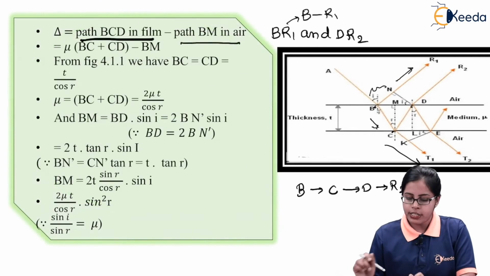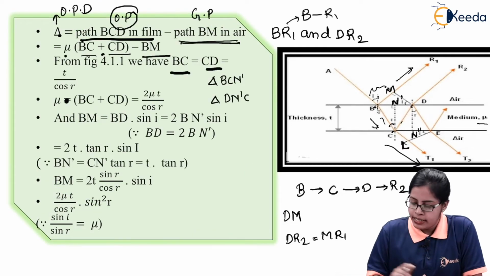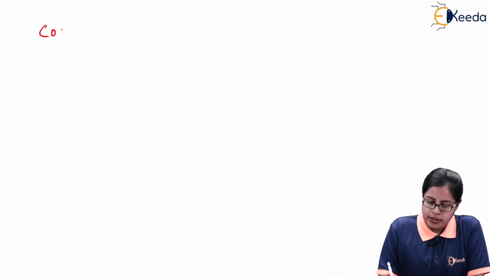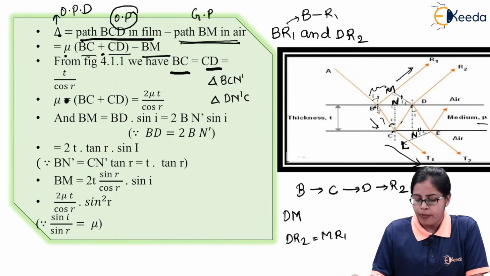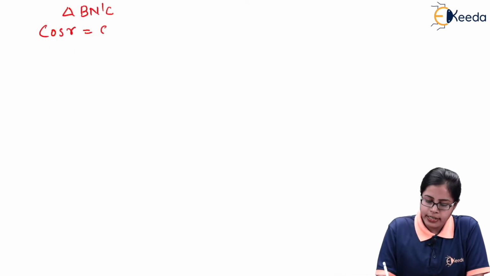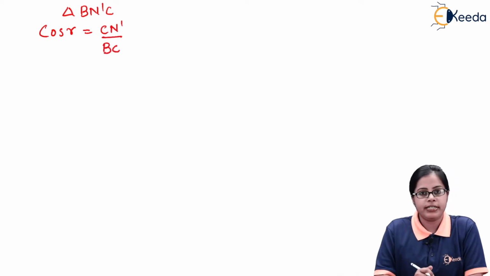So in triangle BN'C, cos R will be nothing but adjacent upon hypotenuse, so CN' divided by the hypotenuse BC.